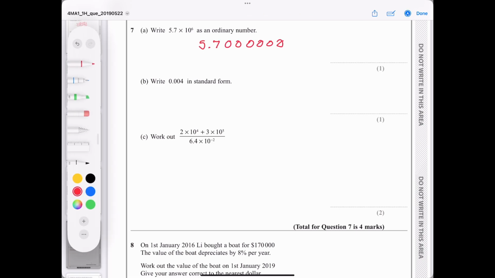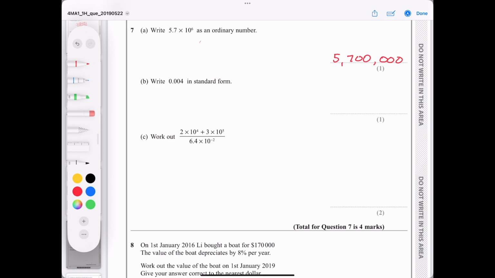And now we're going to go 6 this way. 1, 2, 3, 4, 5, 6. Perfect. So that means it's 5,700,000. And then I'm going to get rid of that, although one doesn't need to.